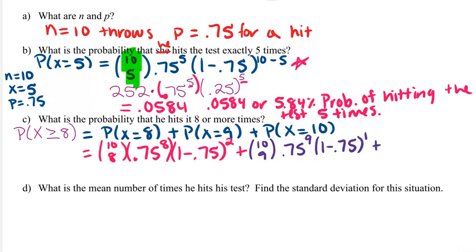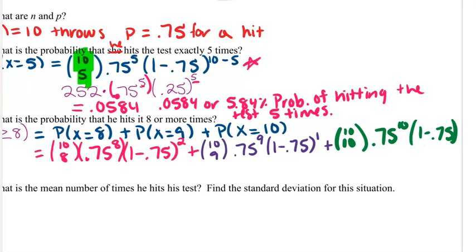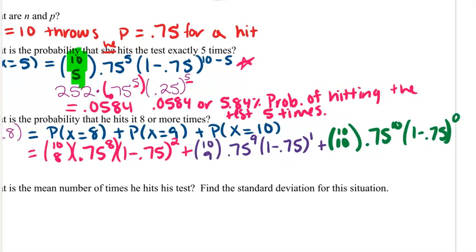And last one. Okay. Now I have 10 trials. I want 10 successes. This one's pretty easy because there's really only one way to do it. But we still have to do 0.75 to the power of 10 times 1 minus 0.75 to the power of 0. This one's kind of silly to set up, right?